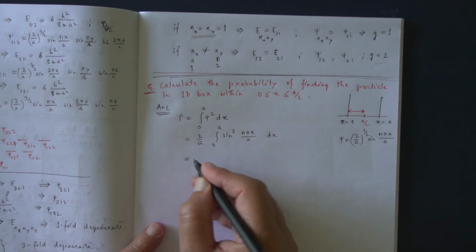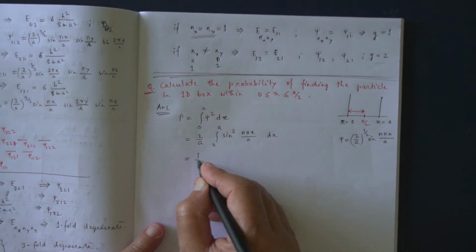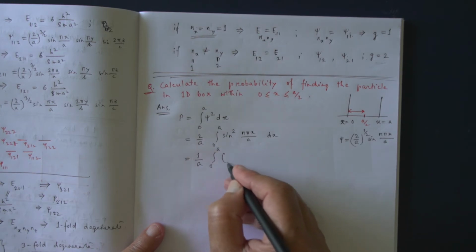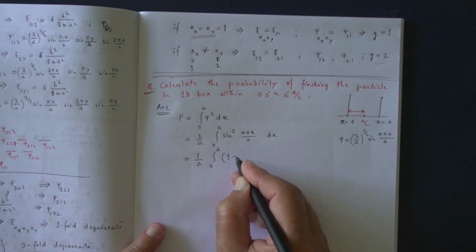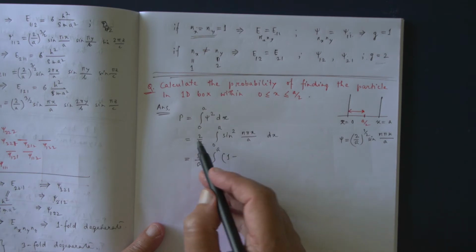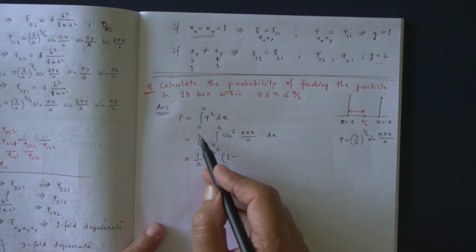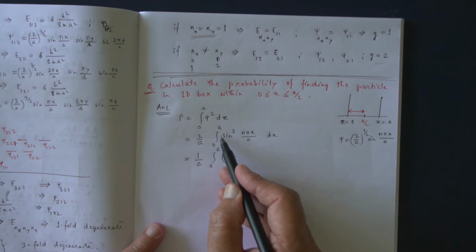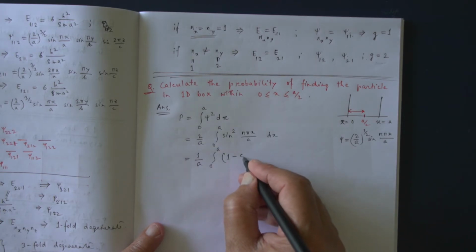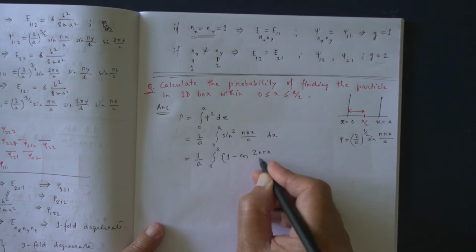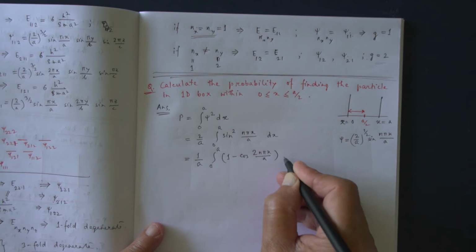Now, this type of calculation we have already done. We can write it like this: 0 to a, 1 minus 2 sine square, which is cos 2 n pi x by a, dx.